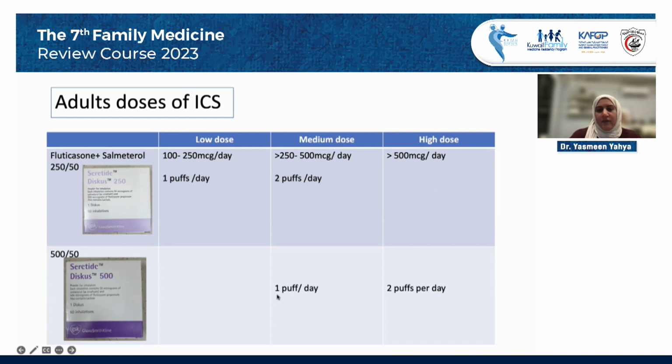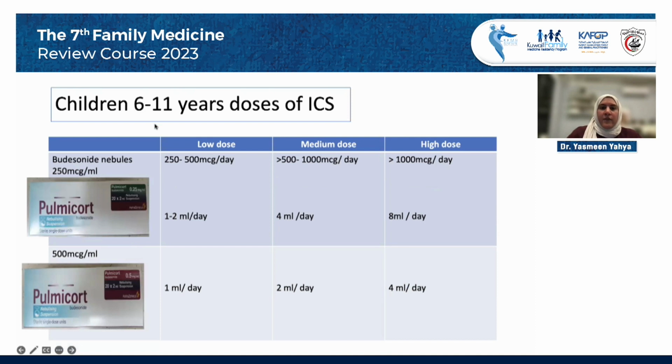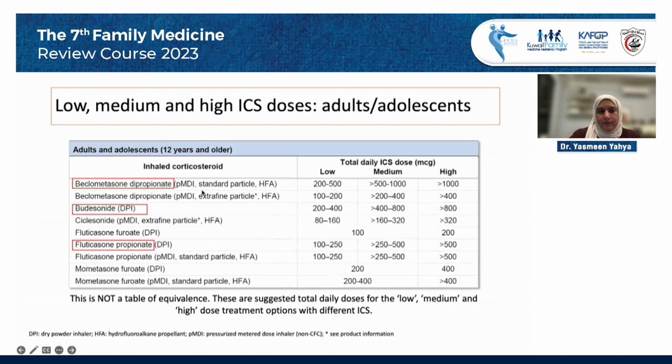The Seretide 500, at 2 puffs per day, is the highest dose. And for the 6 to 11 years, we only have the Pulmicort, in 2 concentrations, and this is how many mLs is considered low, medium and high doses.